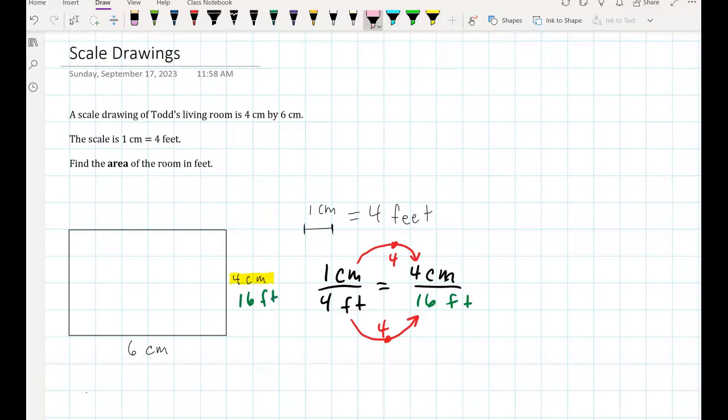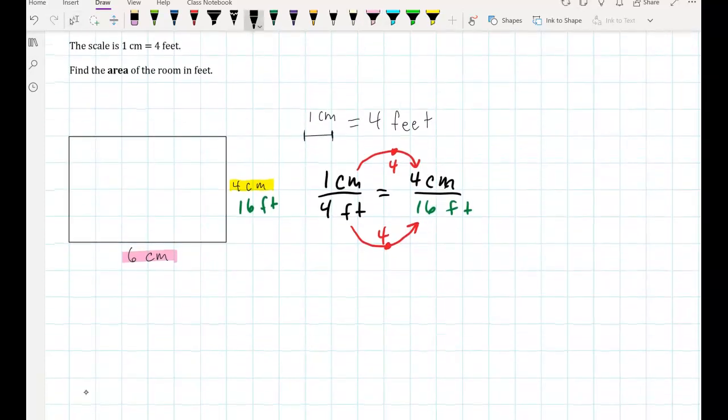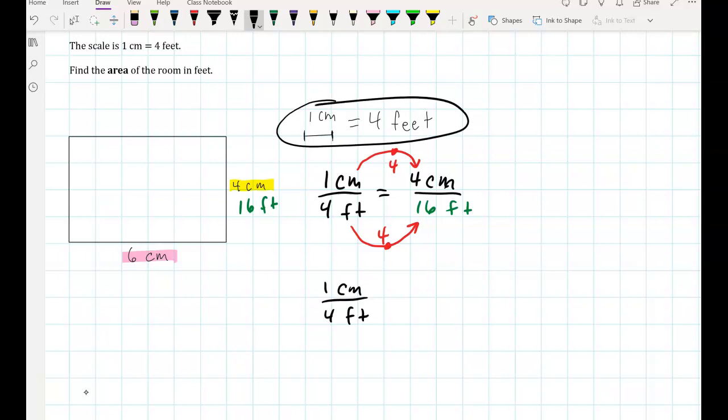And then the other one, 6 centimeters, we're going to set up the proportion again, the same way. 1 centimeter is equal to 4 feet. That's what it says here, that's our scale. And the length of this side is 6 centimeters. So how many feet is that?